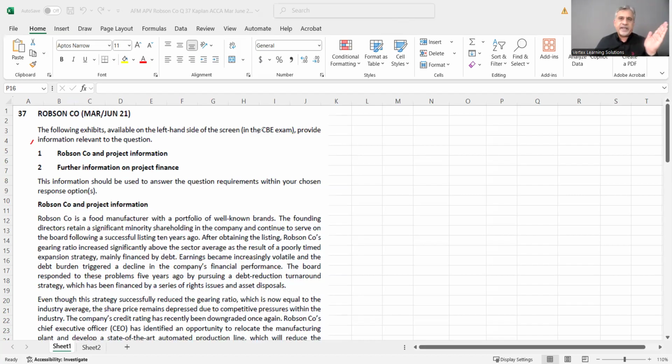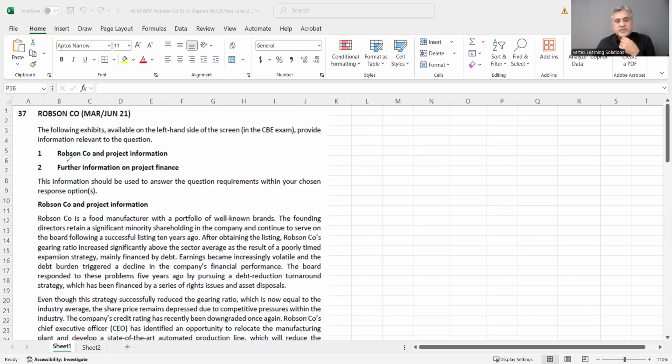They provide information relevant to the question. Robson company and project information is one exhibit, and further information on project finance is the second exhibit. Anyway, this is how it was presented in the exam. This information should be used to answer the question requirements within your chosen response options.